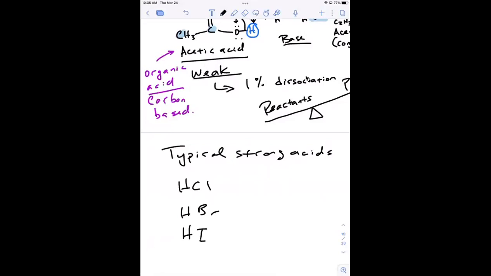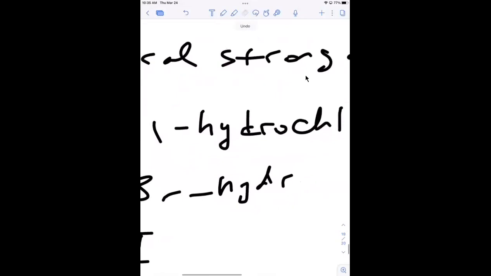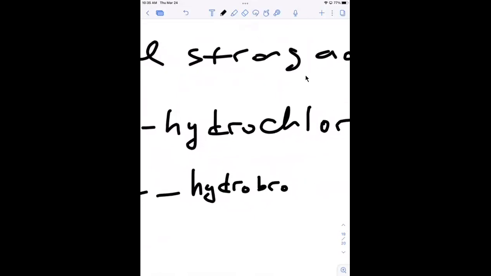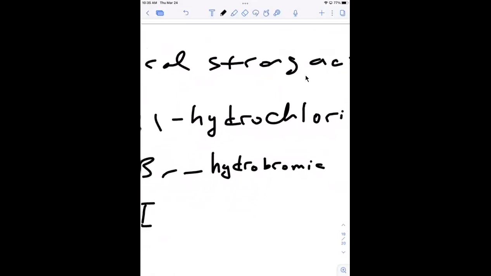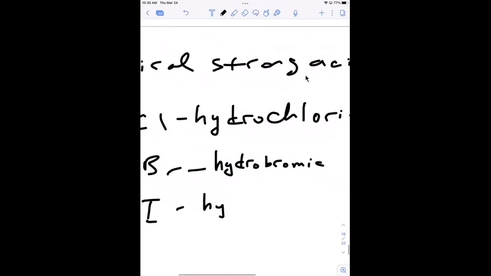This is hydrochloric acid. This will be hydrobromic acid. And this is hydroiodic acid.